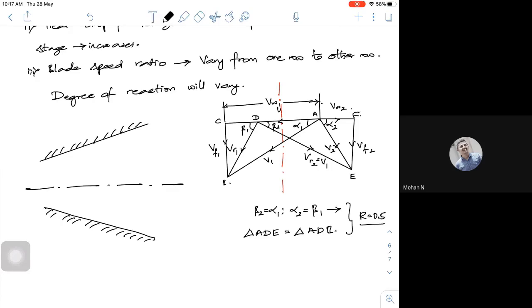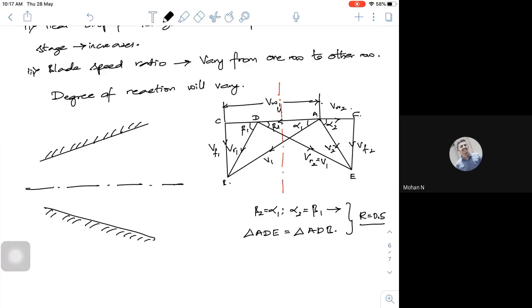So I have 50% of whatever I have in the rotor, not kinetic energy, only pressure energy, and the other 50% impulse, 50% reaction. So I'll be able to maintain exactly 50% reaction if I'm able to do this.